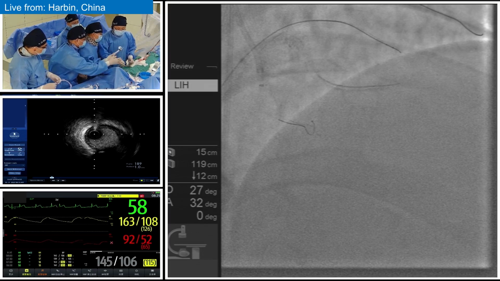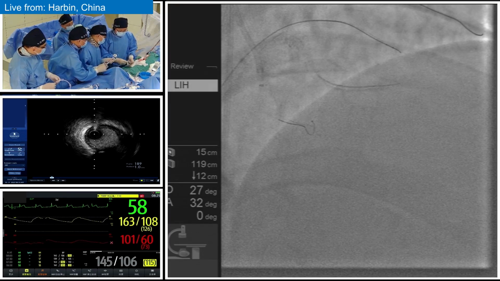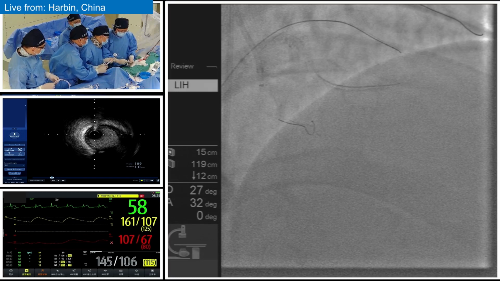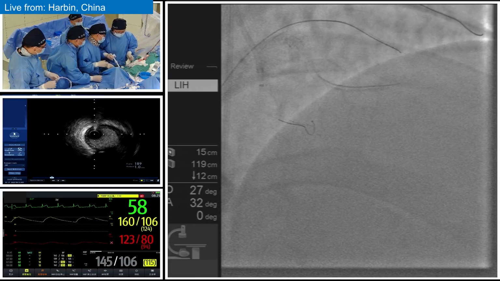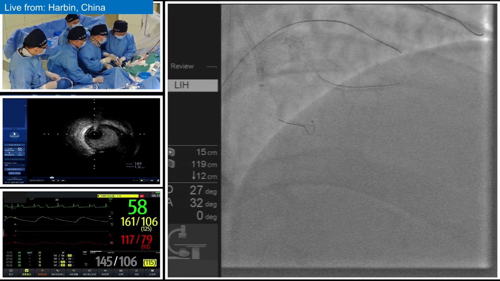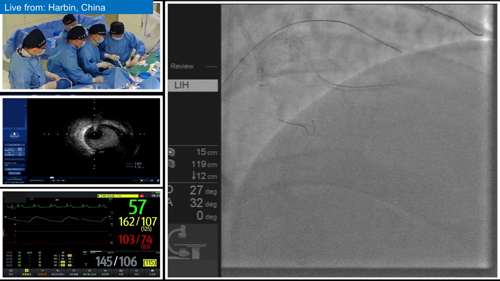There are several reasons. First, I think the knuckle wire relatively causes less damage compared to the Crossboss, and also in this kind of calcification case, it's relatively easy to engage the distal cap of the CTO segment.